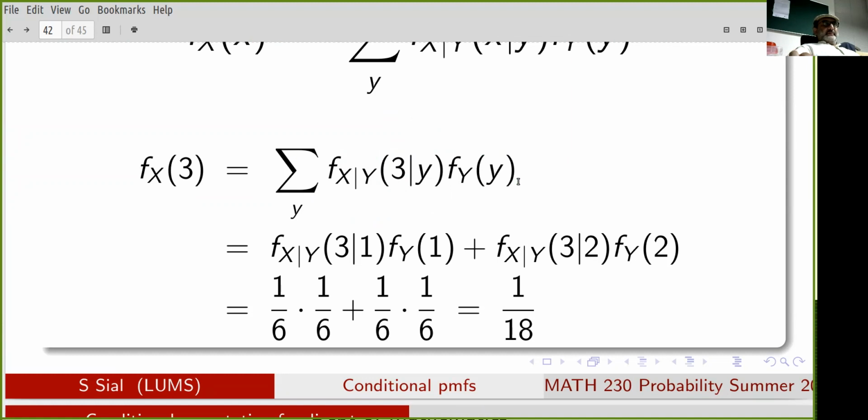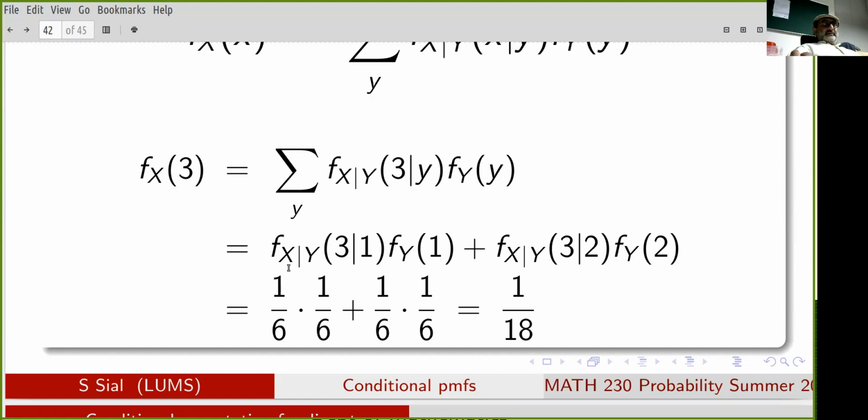So you could have y equal to 1, you could have y equal to 2, you can't have y equal to 3, right? Because x was the total of the roll, so you get numbers bigger than 3 if y was 3 or the other numbers. So y can really only be 1 and 2.